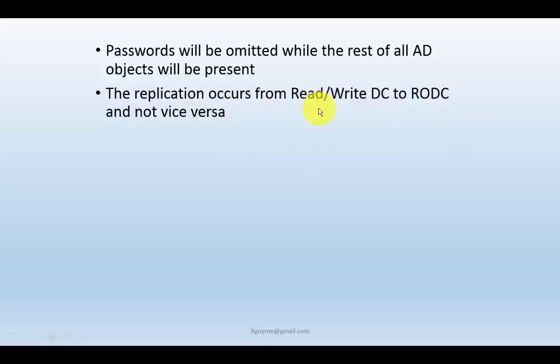The replication occurs from read and write DC to RODC and not vice versa, right? Is it true or false? Replication occurs from read and write DC to RODC, and it also occurs from RODC towards read and write as well. Okay, you got me.